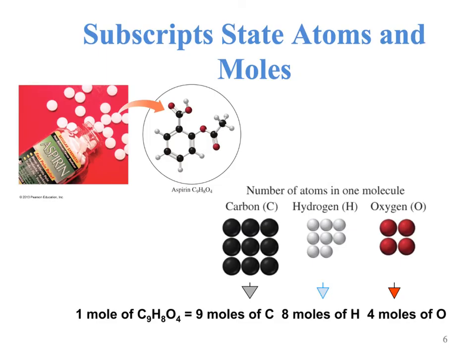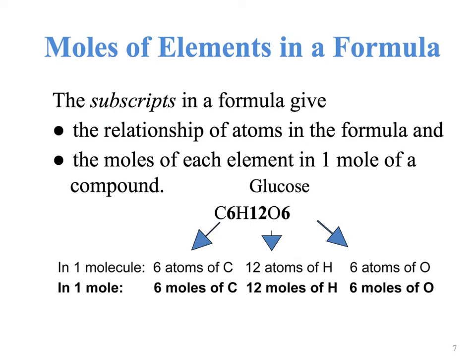The subscripts in the atoms give you the number of moles. So for example, 1 mole of C9H8O4 has 9 moles of carbon, 8 moles of hydrogen, and 4 moles of oxygen. These subscripts give the relationship in which the atoms need to combine.